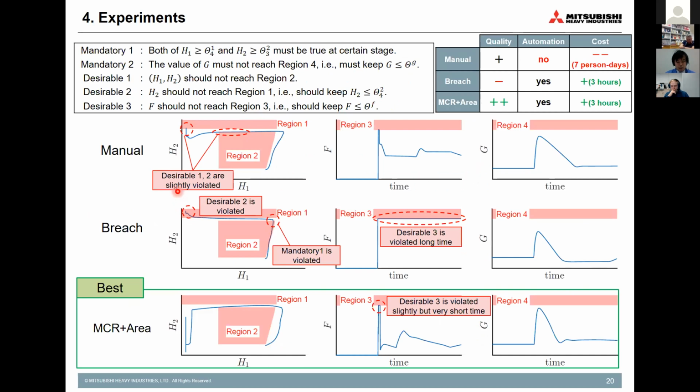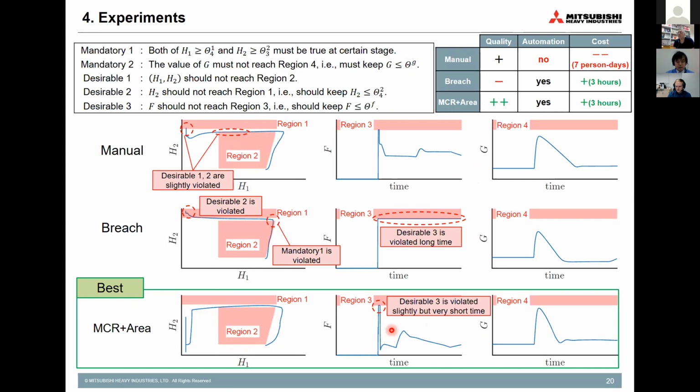And these figures show the simulation result carried out with the synthesized parameters. There are two notable points. The first one is that MCR plus area satisfies most requirements, including the two mandatory and two of the desirable ones. Only the desirable 3 requirement is violated.